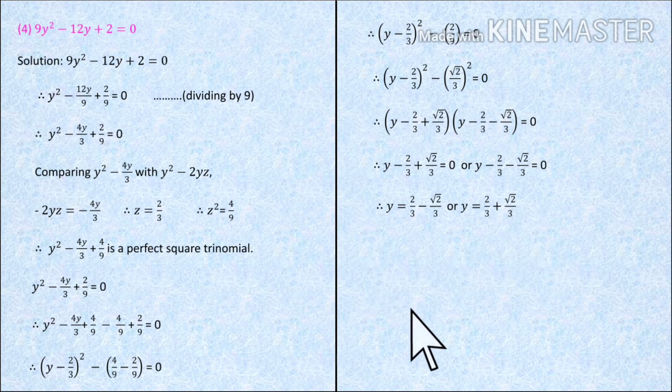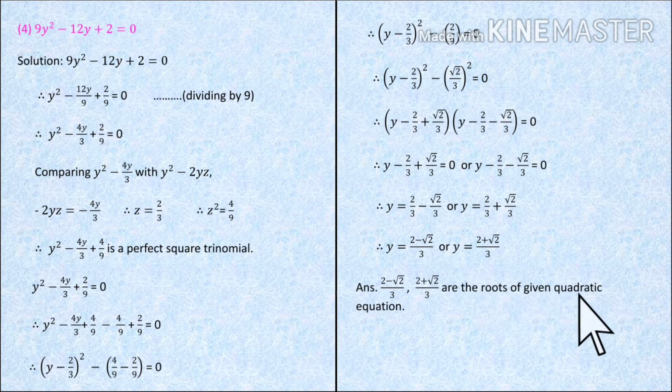Here denominators are the same, so we can write y is equal to 2 minus root 2 by 3, or y is equal to 2 plus root 2 by 3. So these are the roots of the given quadratic equation. They are 2 minus root 2 by 3 and 2 plus root 2 by 3. Then sixth question. Fifth one, you try to do it by yourself, students.